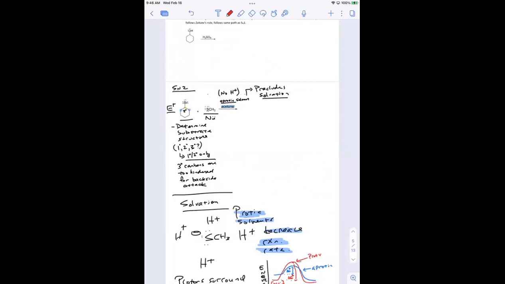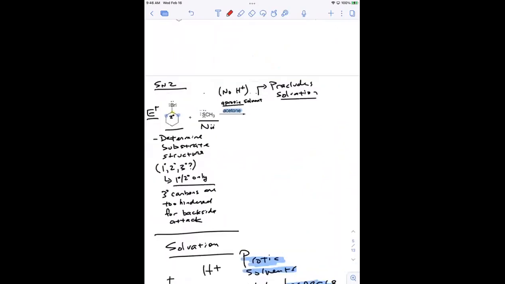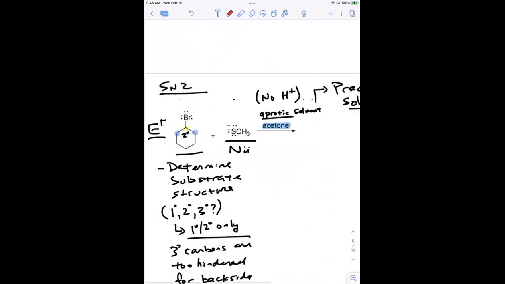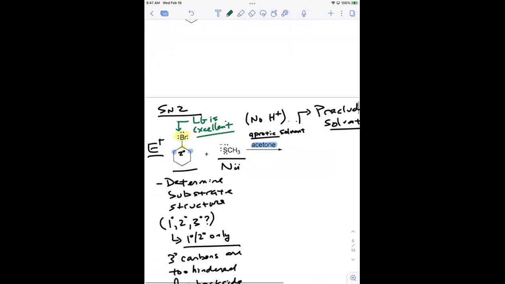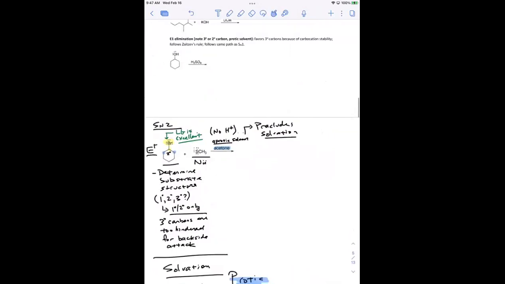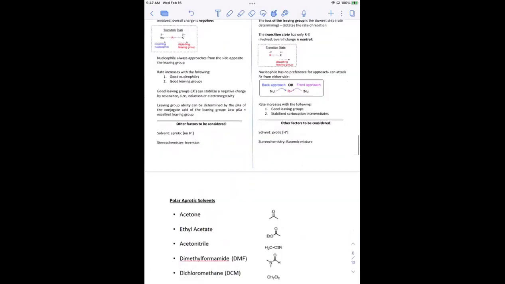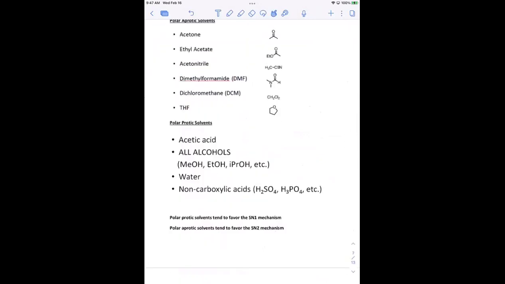All right. So we looked at, again, solvent and substrate. We haven't looked at the leaving group yet or the nucleophile, but the leaving group in this case is bromine. And bromine happens to be an excellent leaving group. There's a way to find that out. In this handout, let me go to that page. There is a page telling you what polar protic solvents and polar aprotic solvents are.